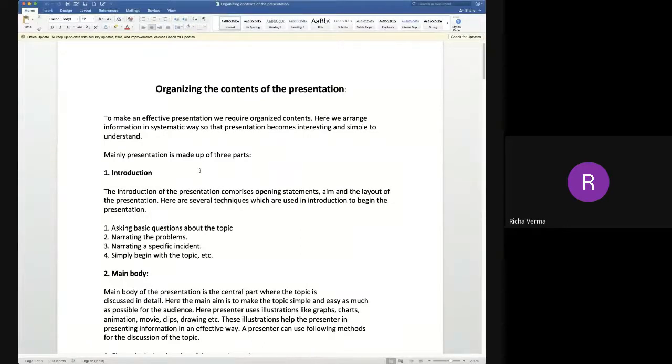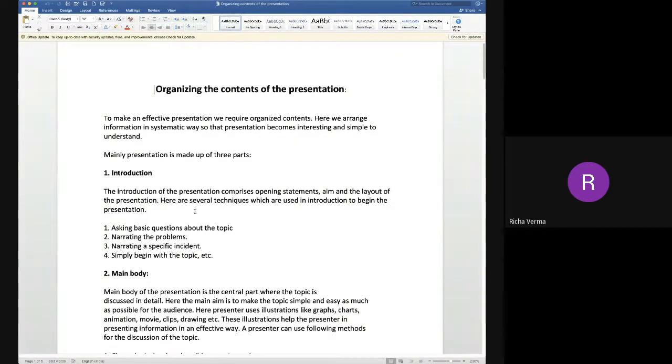Okay, so we can start again. Mainly the contents of the presentation can be of many types. We first start with the introduction. Introduction means that whatever the topic of your presentation is, it has to be introduced in a proper way. What the topic is, why you are presenting, and what the purpose of presenting is, everything has to be related in the introduction.